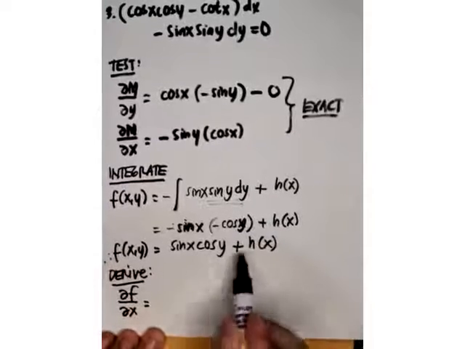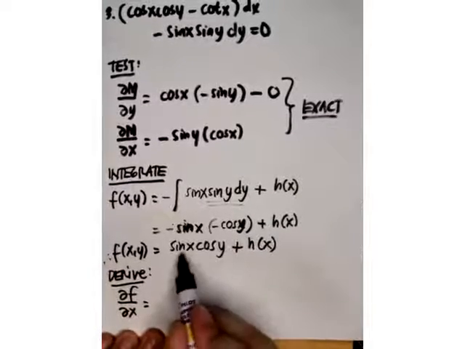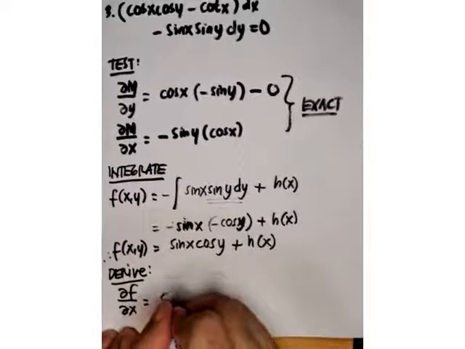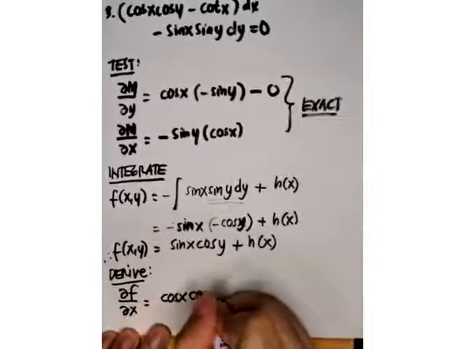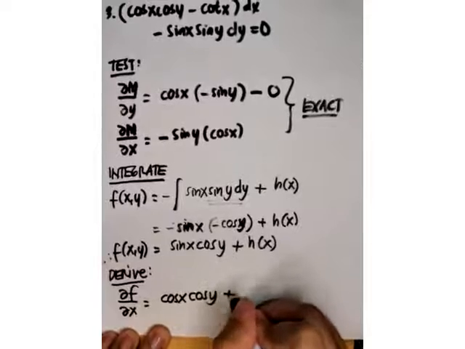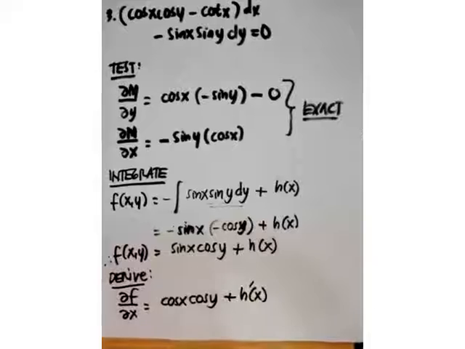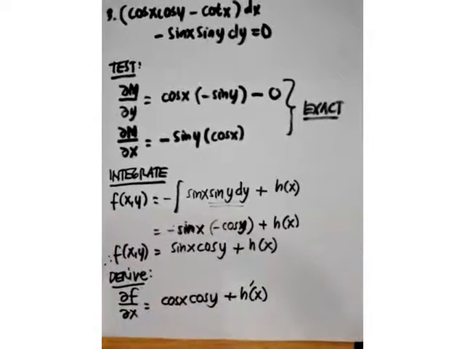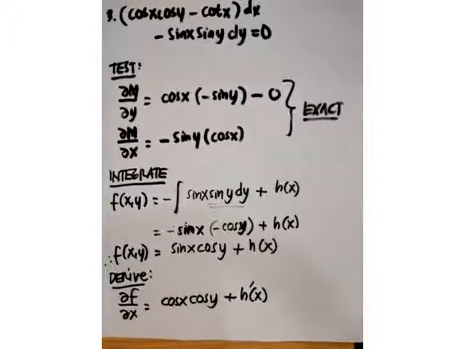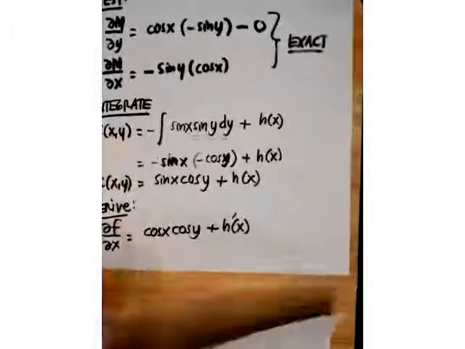So this will be the derivative, cosine x, cosine y, plus h of x prime. Parang wala rin pala tayong lusot, no? Parang feeling ko talagang i-integrate natin yung cotangent.